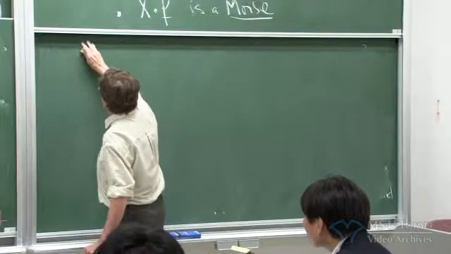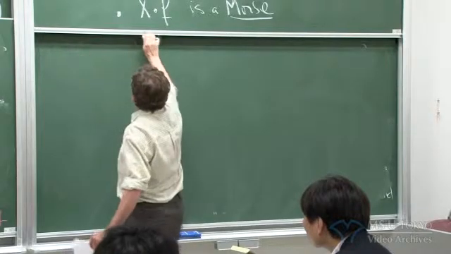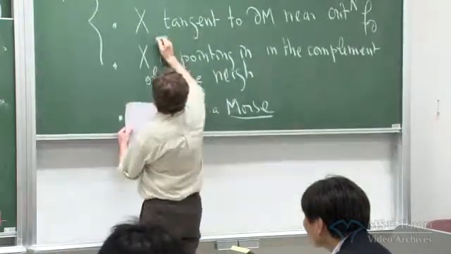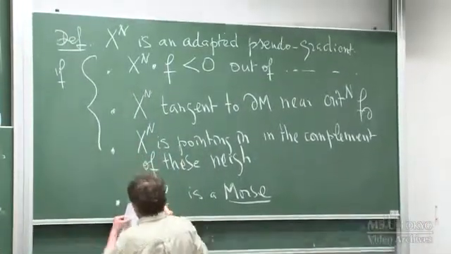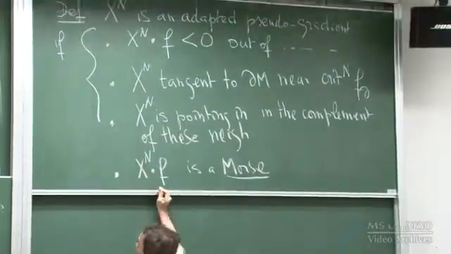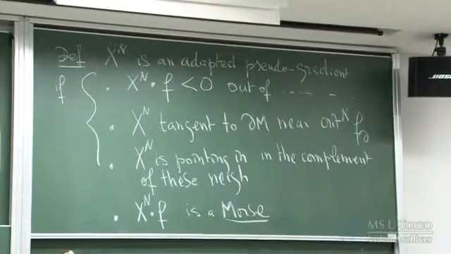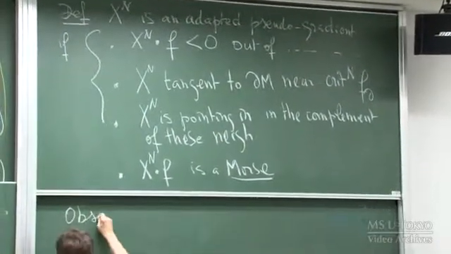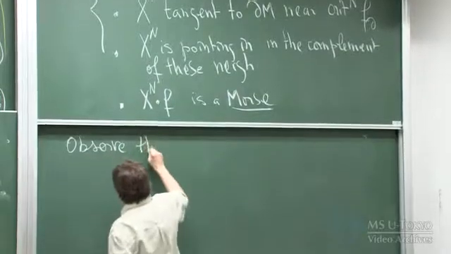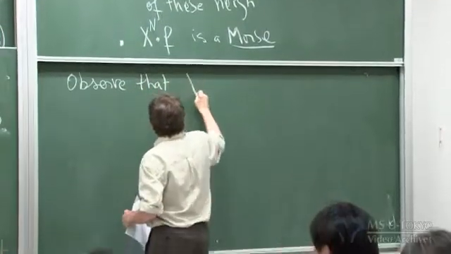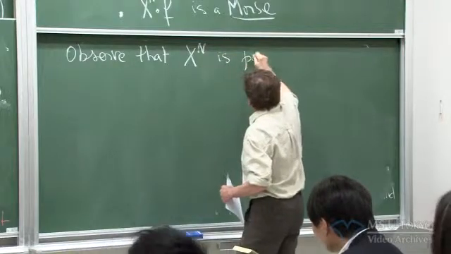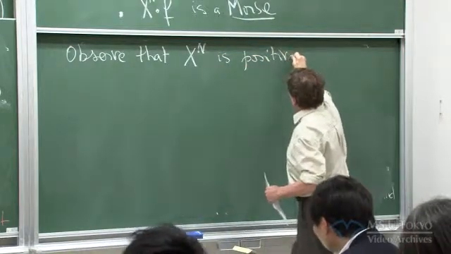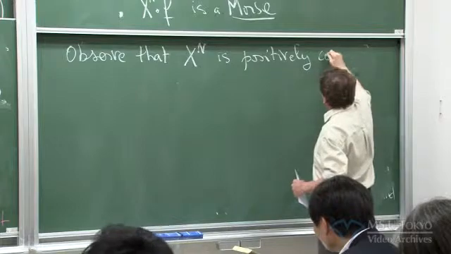Observe that this vector field, it is still Xn, is positively complete.